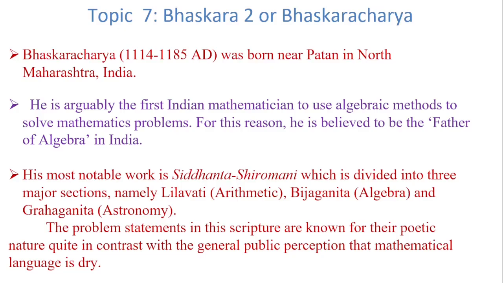Then that was compiled and converted into a textbook, which became Lilavati. The second part is Bijaganit, which is algebra, and the third part is Graha Ganit, which deals with astronomy.